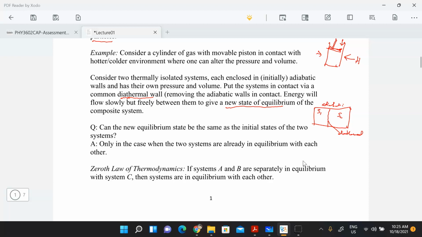So this is essentially the Zeroth Law of Thermodynamics. Concept-wise, this is like transitivity.